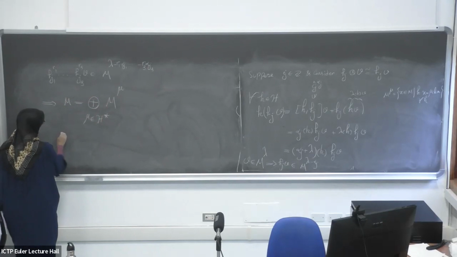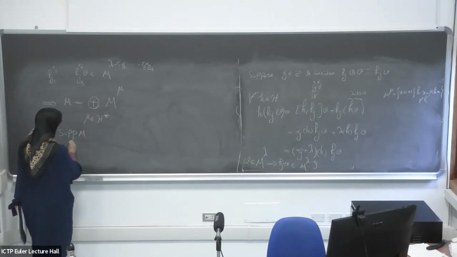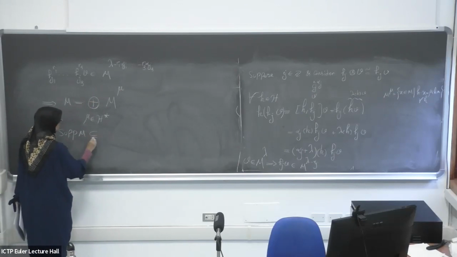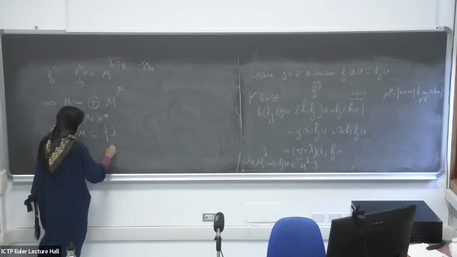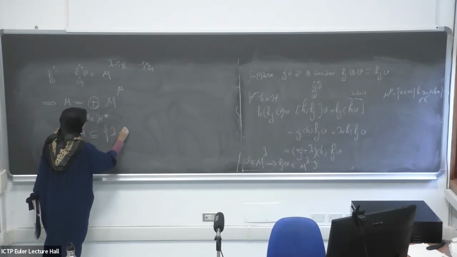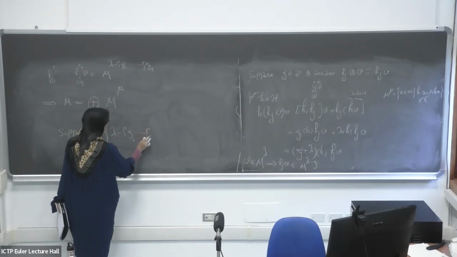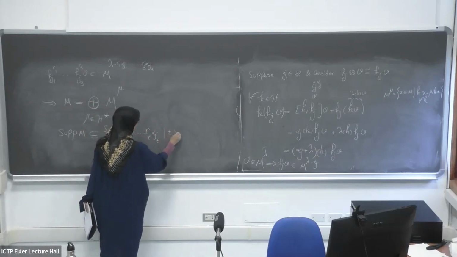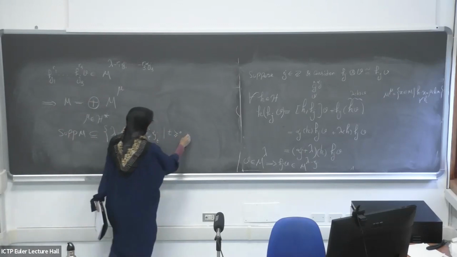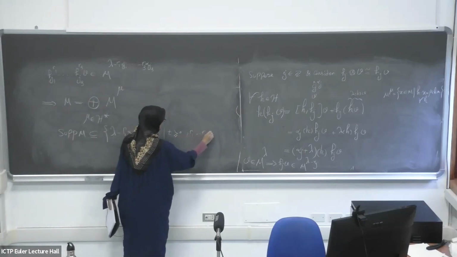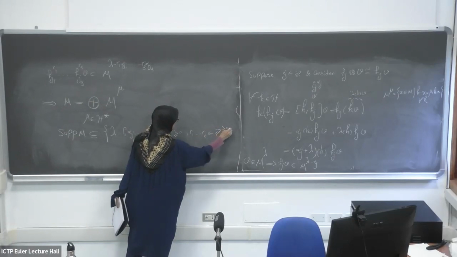And the support of M, according to something that we wrote, is a subset of lambda minus R1 alpha J1 till minus RT alpha JT, where T is greater than or equal to 0, and R1 up to RT are this.